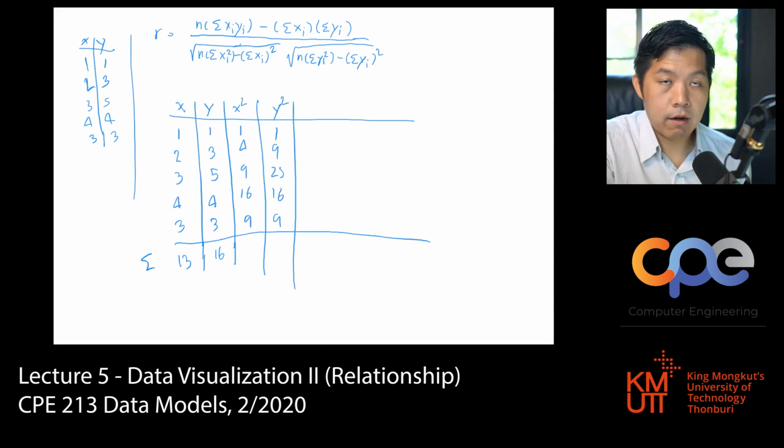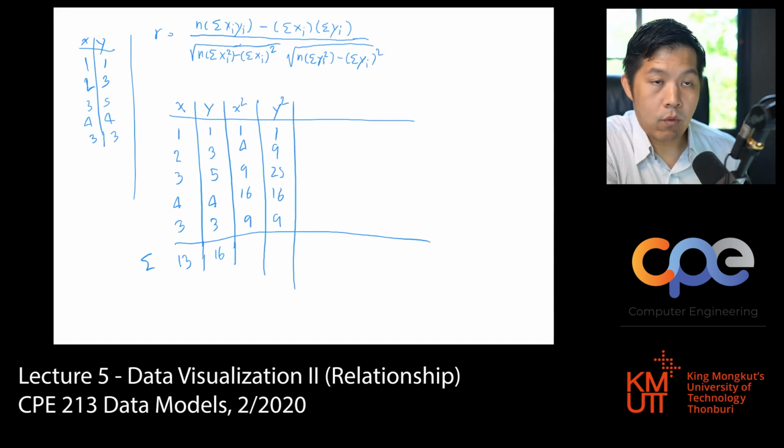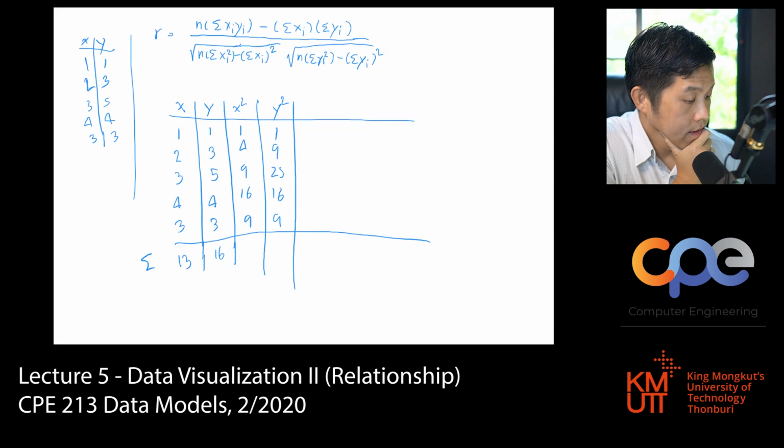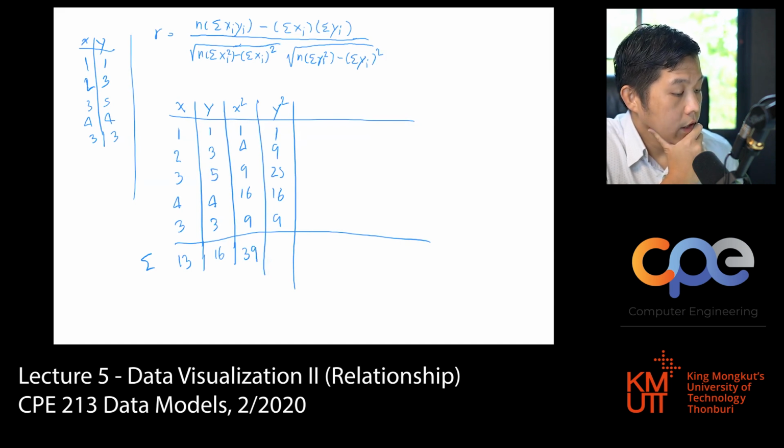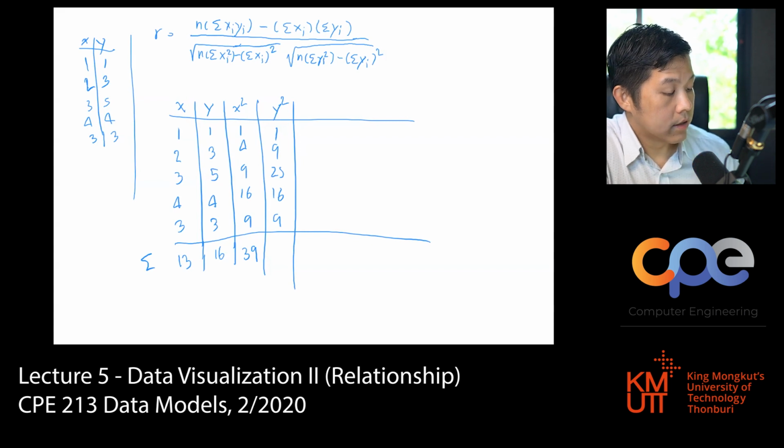Then the summation of x squared is 10, 26, 39, and the summation of y squared is 10, 25, 50, 60.